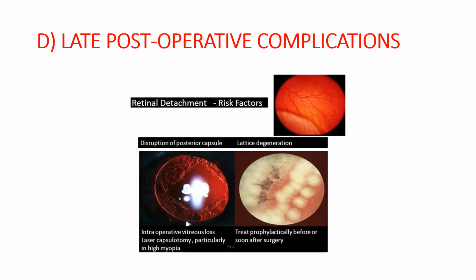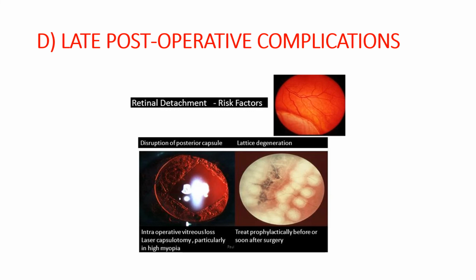One of the late post-operative complications can be retinal detachment if the patient would have had some risk factors. One of the risk factors is having a peripheral lattice degeneration. Now, at the place where the retina attaches to the choroid, sometimes we see some degenerative changes, and one of the degenerative changes is the lattice degeneration.